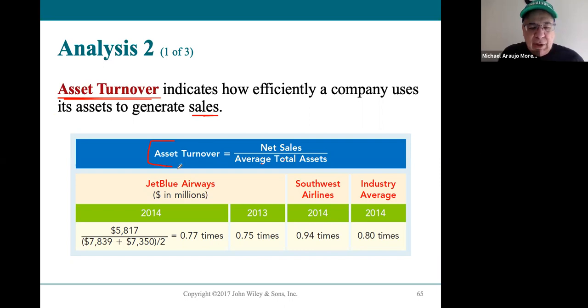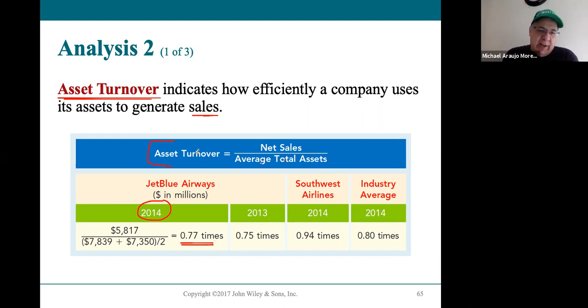Okay. So here we're looking at JetBlue for 2014. They had net sales of $5.8 billion over average total assets of about $7.5 billion. So they're looking at 0.77 times in an asset turnover.